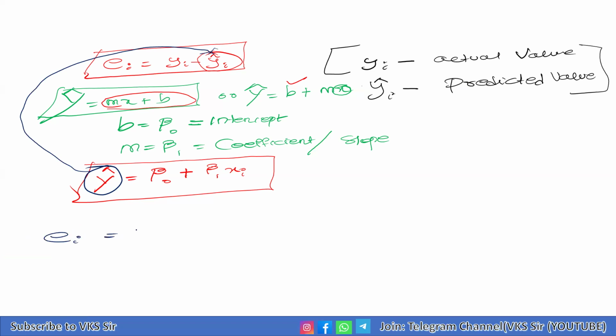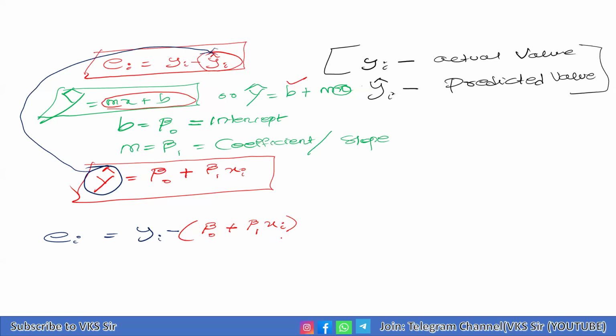Error is equal to the actual value negative, and here directly I can put beta naught plus beta 1 xi.